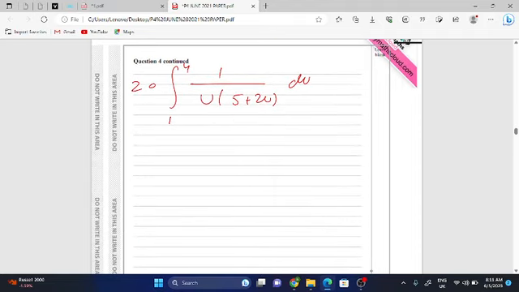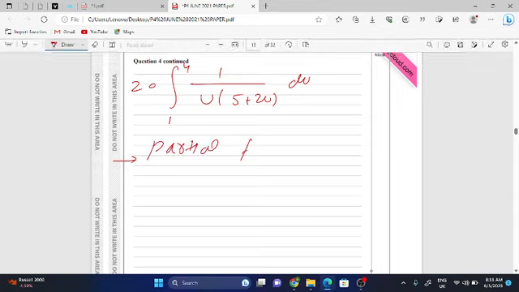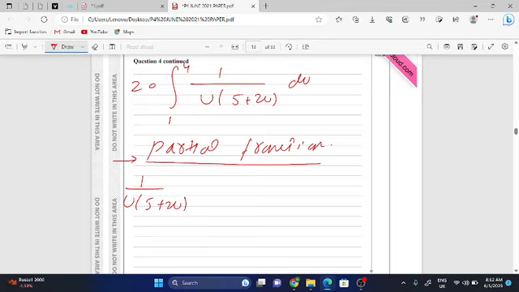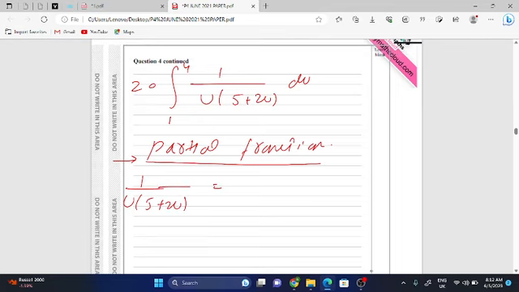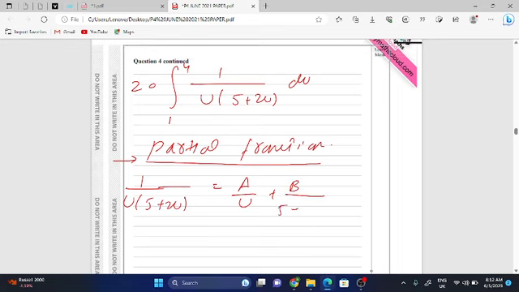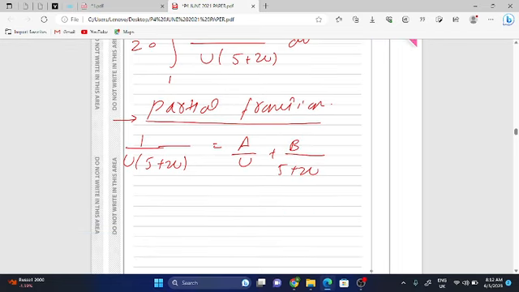Okay, so you can see, applying a partial fraction, that is converted into 1 by u times 5 plus 2u, which is equals to a by u plus b by 5 plus 2u.